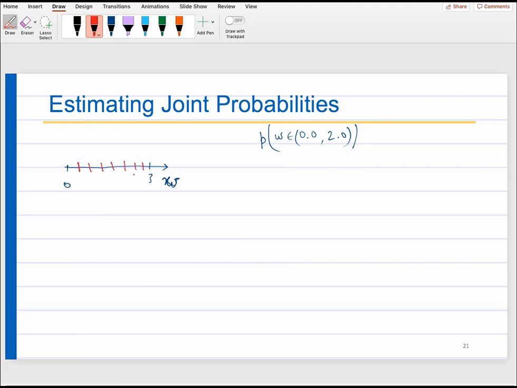So let us say my values are between 2.25 and 2. So probability. This concept is called a histogram. What I plot here is the number of samples.